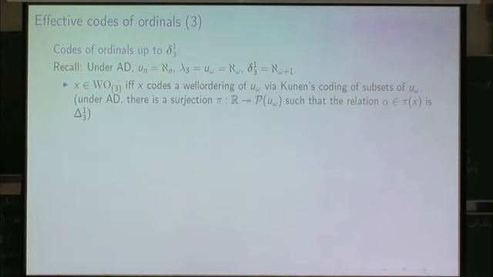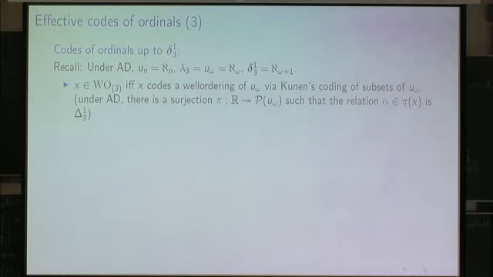So under AD, the uniform indiscernibles are just the aleph sequence up to omega. And we are able to code ordinals up to delta 1-3.